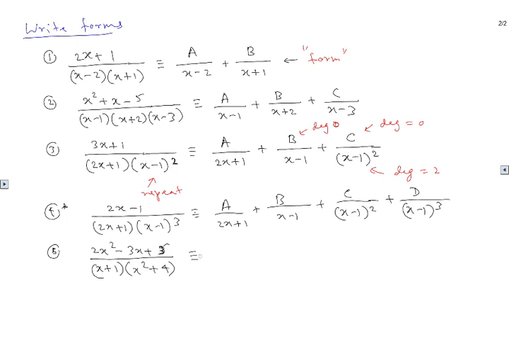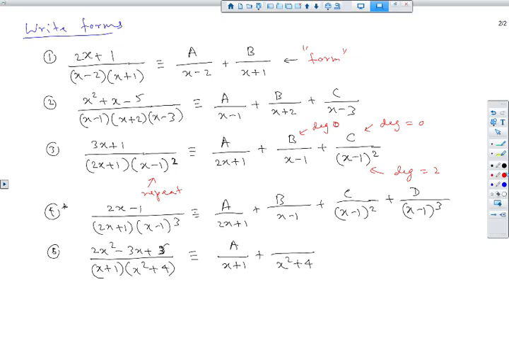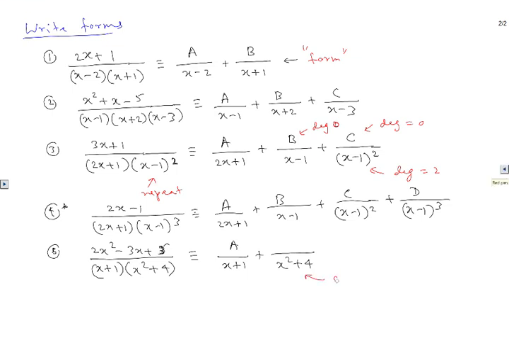This situation is different. The first term is a over x plus 1. But what about the second term? The second term has x squared plus 4, and you cannot reduce this any further. You cannot factor this. That's what we call irreducible. If it is irreducible, there's nothing you can do.